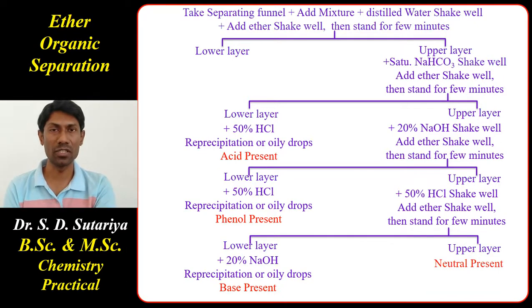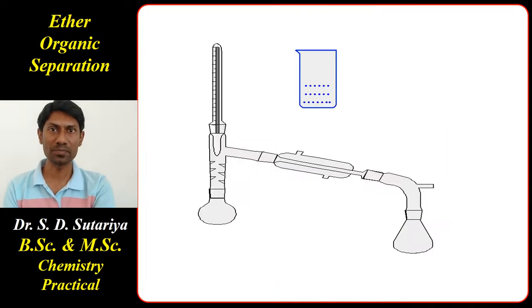The upper layer is neutral, and the neutral can be of both types, solid neutral or liquid neutral. How to check? Let's check. This beaker has the upper layer in its final state.